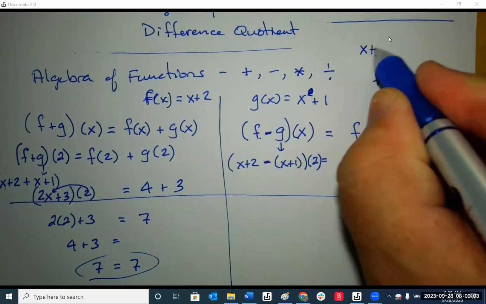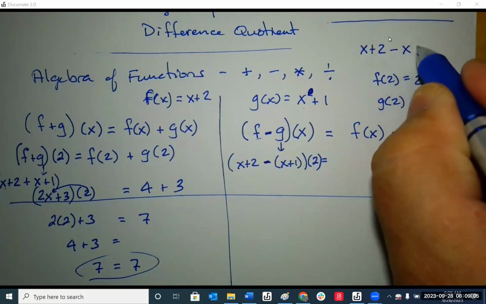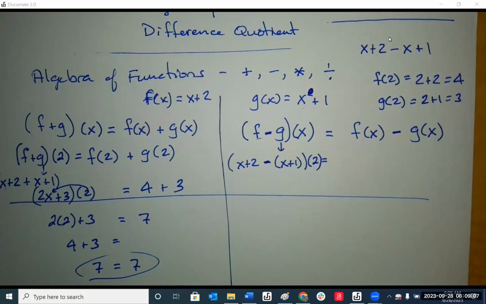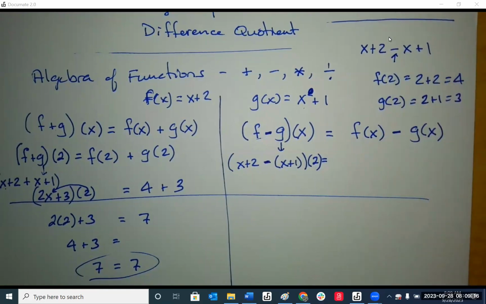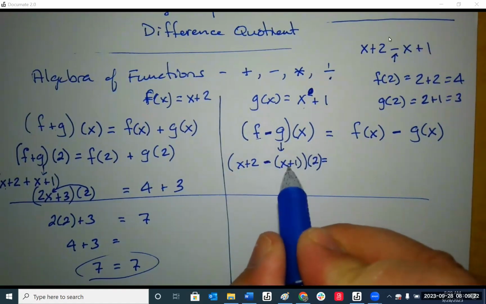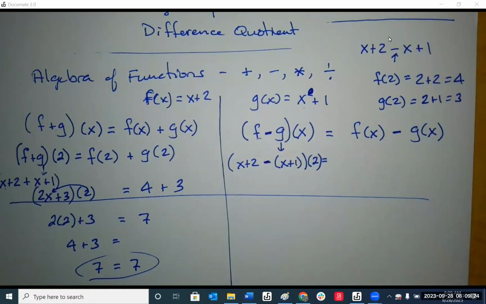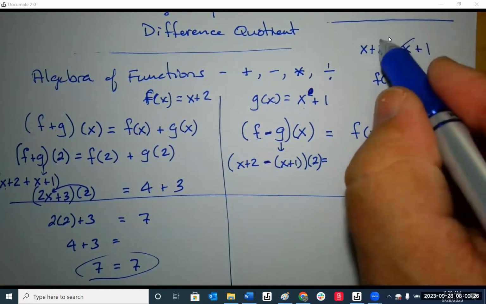We have x plus 2 minus x plus 1. If I didn't put it in parentheses, only the first x gets the negative. But the whole thing, we have to distribute it throughout everywhere. So this is incorrect.